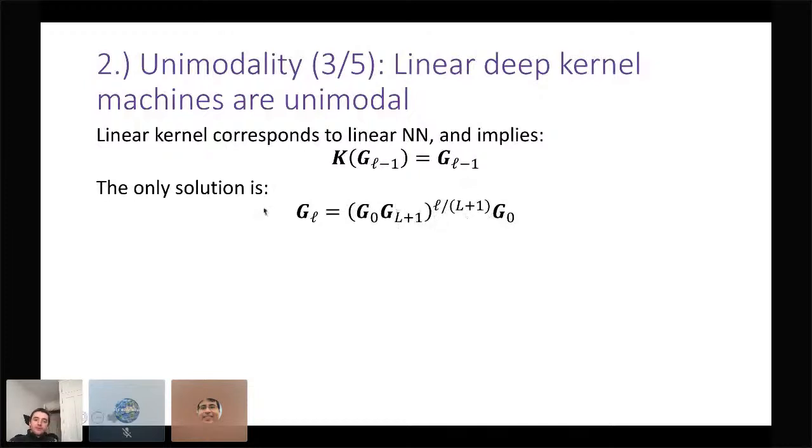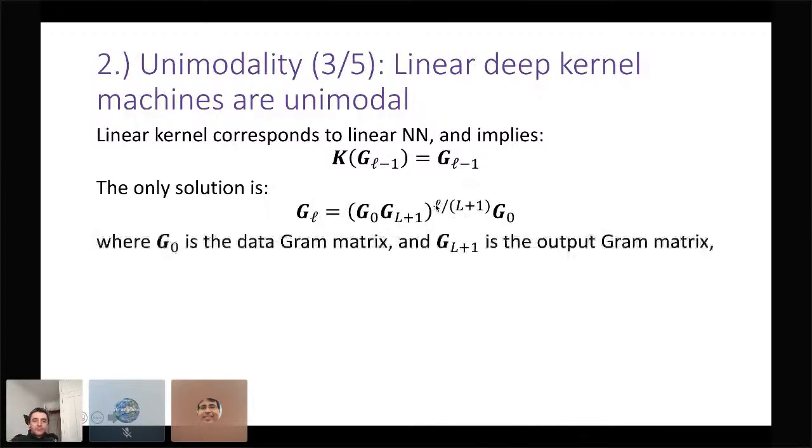So if we're at low layers, so if this little l is say 0 or 1, then the gram matrix is going to be close to that input gram matrix. And if little l is now close to capital L, then this gram matrix is going to be very close to the output gram matrix, which is defined by this relationship here.